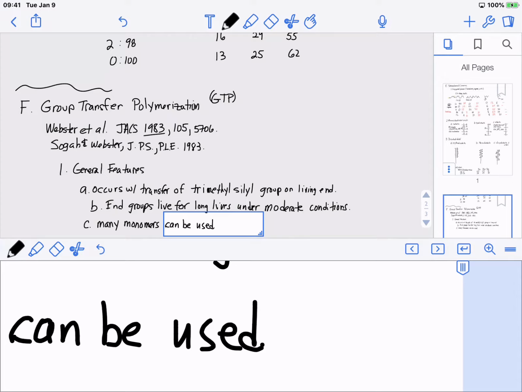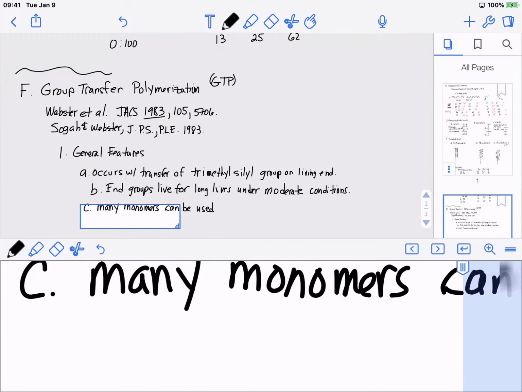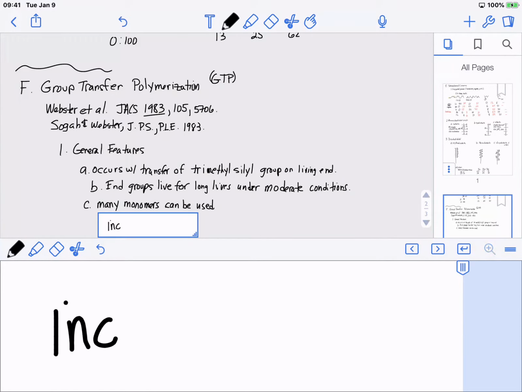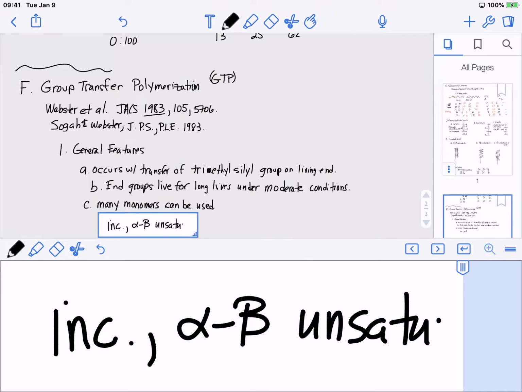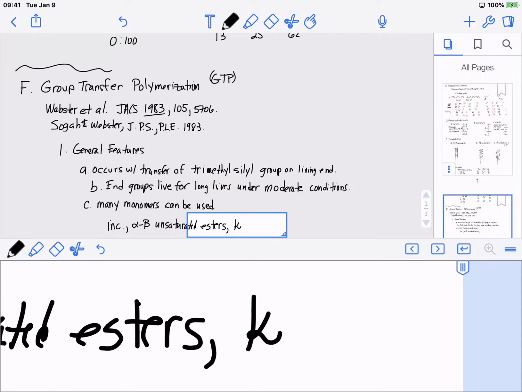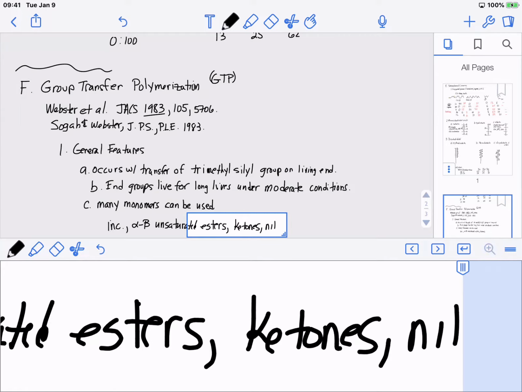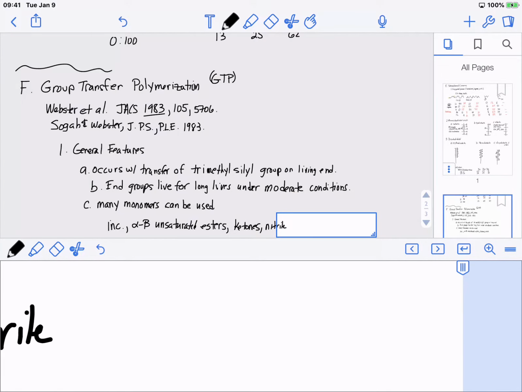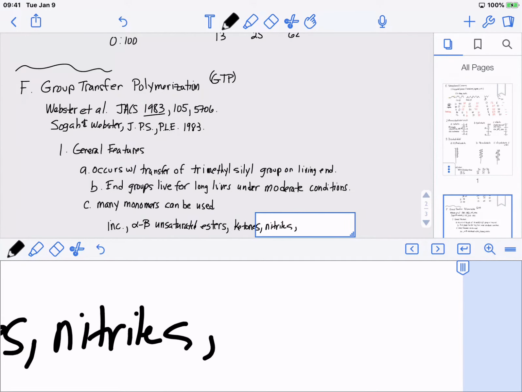And including, this is one that's hard to do otherwise, including alpha beta unsaturated esters, ketones, and nitriles, and carboxamides.